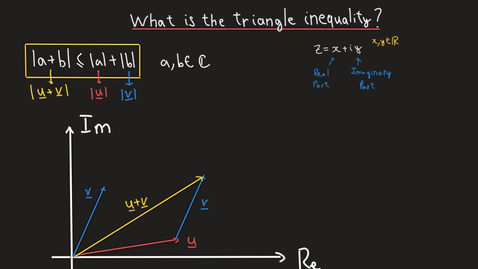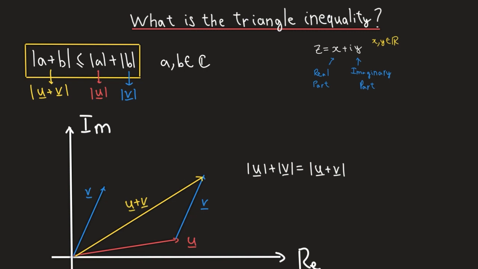In other words, when the vectors u and v are parallel. Indeed, if the vectors u and v are parallel, then we have that the magnitude of u plus the magnitude of v is actually equal to the magnitude of u plus v, since these two vectors are parallel. Because in that case, to get the magnitude of the resulting vector, well, we just add the magnitudes of each individual vector.